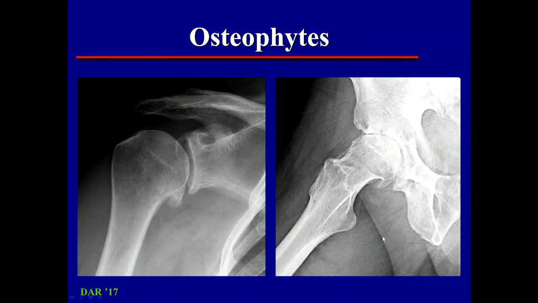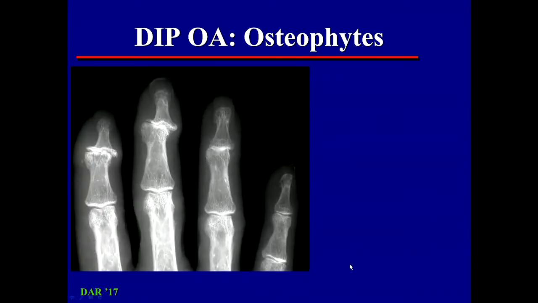So here are two different patients with osteoarthritis in the shoulder and the hip, and these icicles that are hanging down off of the edge of an otherwise normally shaped bone are osteophytes. Now here's a patient with osteoarthritis of the distal interphalangeal joints of the fingers. These are narrow, but you'd say, where are the osteophytes? And the answer is you're looking right at them.